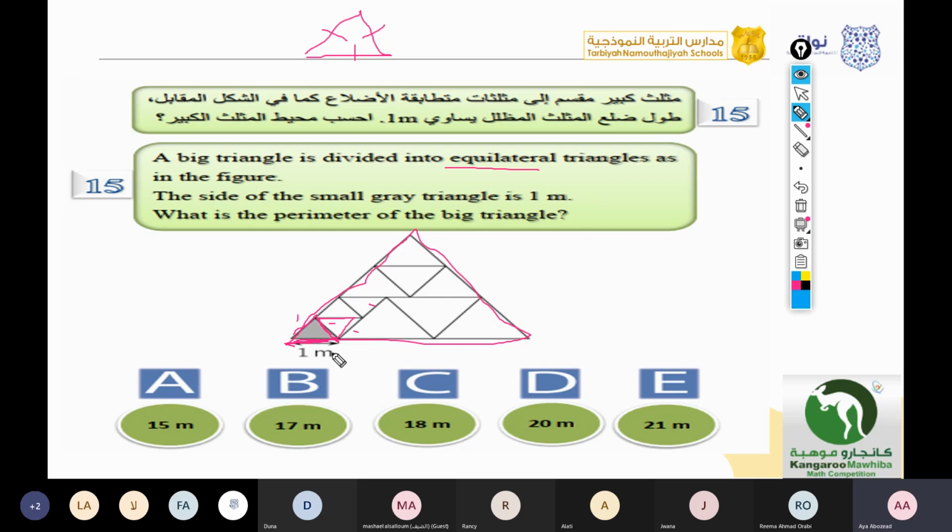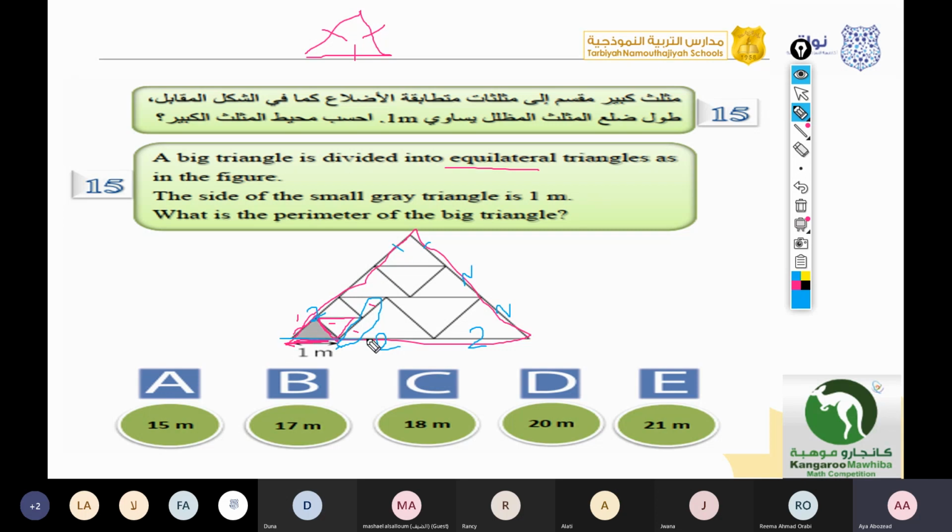Till now, it's right, Rima? So if this side is 2, that means this side is 2 because it's equilateral, and this side also is 2, and this side, and this side. This side is 2. And from here, it's 1 and 1.